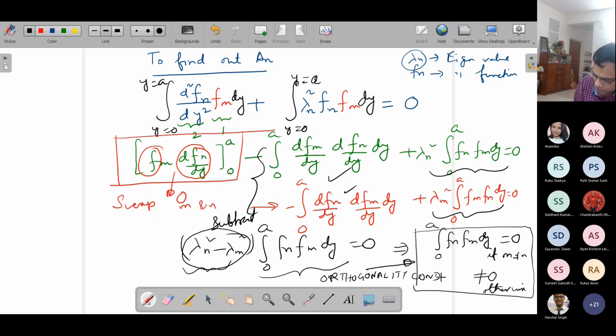derivation. So this orthogonality condition, I'm just drawing an analogy between orthogonality of vectors and orthogonality of functions. When we have orthogonality of two vectors, A and B, a vector can have n components mathematically.